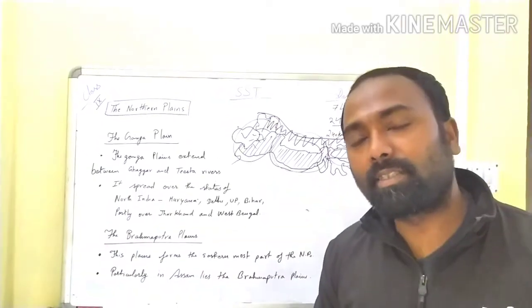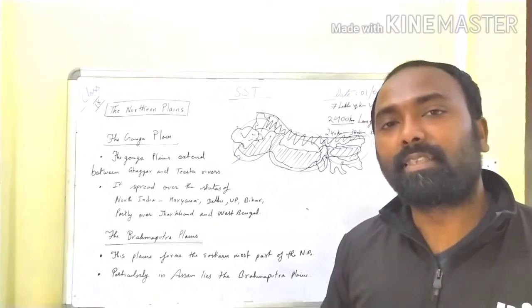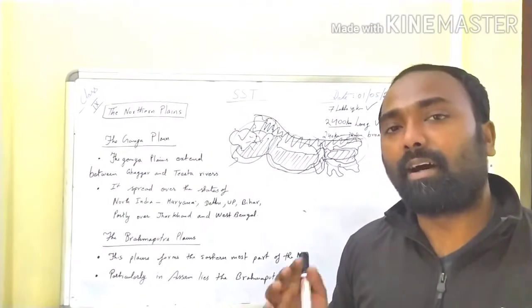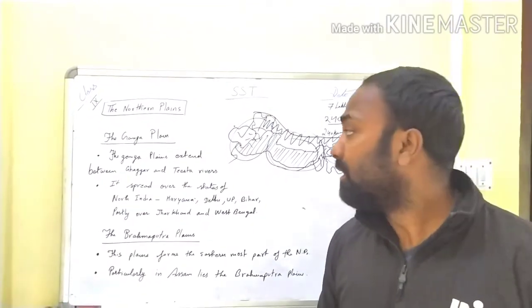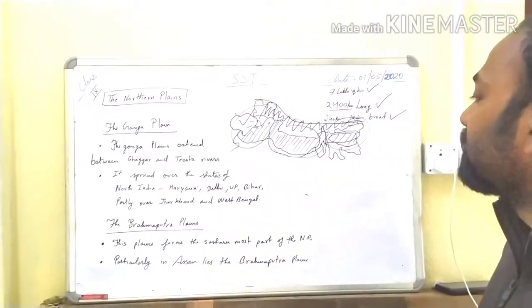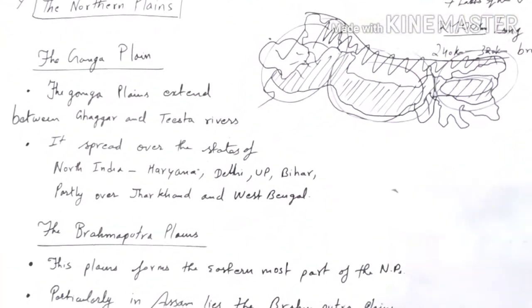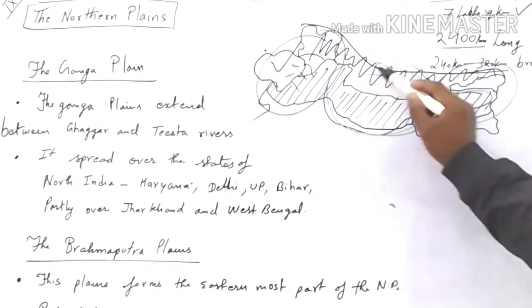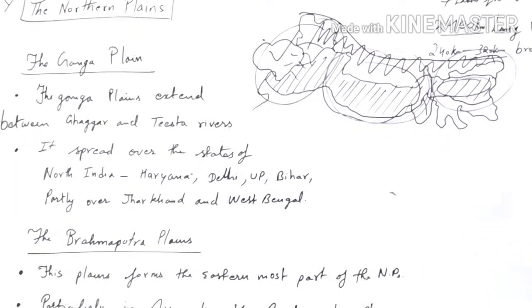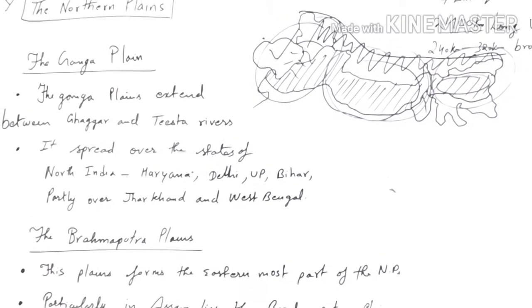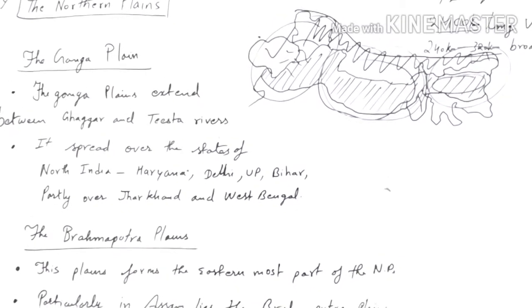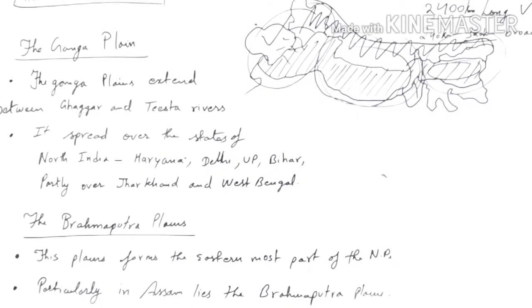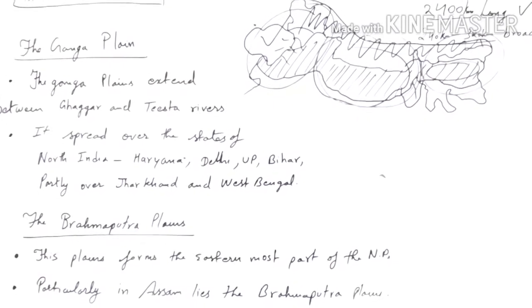Now let us discuss the Ganga plain. The Ganga plain extends between the Ghaggar and the Tista river. Now there are certain states which it covers. It spreads over the states of northern India, and this is the region where it spreads. The states which lie in this region are Haryana, Delhi, UP, Bihar, and partly it also covers states like Jharkhand and West Bengal.